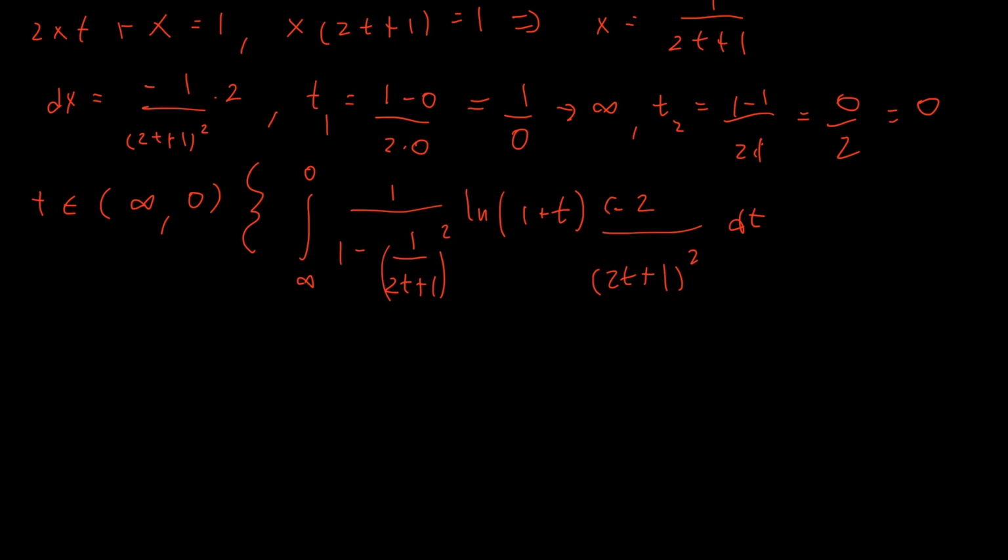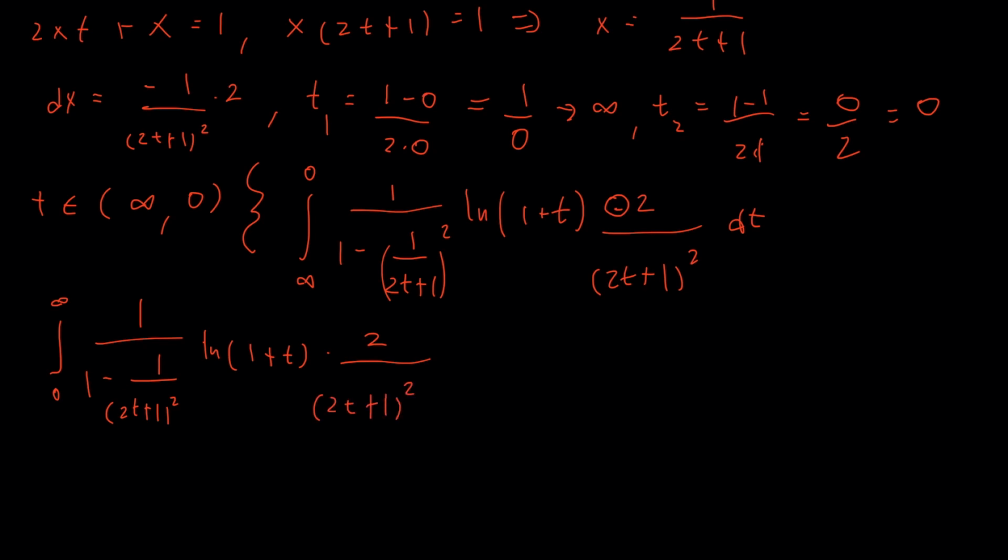And we're going to use this extra negative to flip the bounds of integration. So we have the integral from 0 to infinity of 1 over 1 minus 1 over (2t plus 1) squared, we have the natural log of 1 plus t times 2 divided by (2t plus 1) squared.